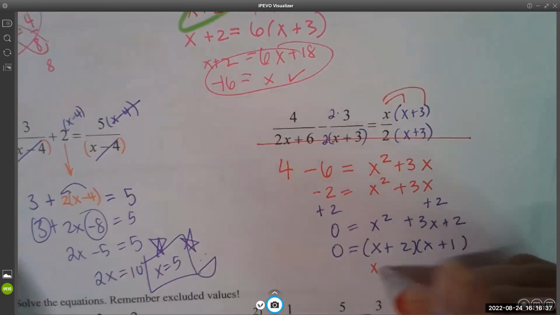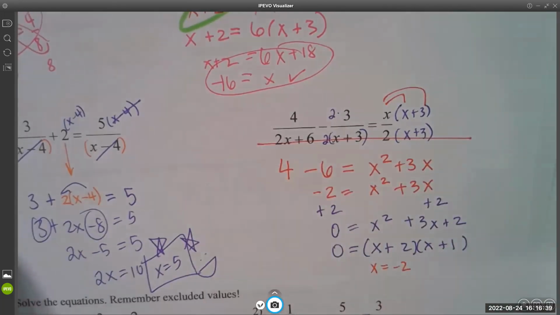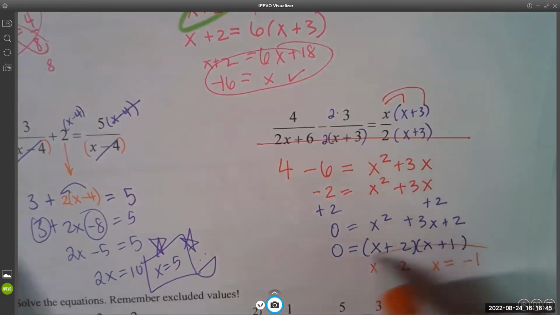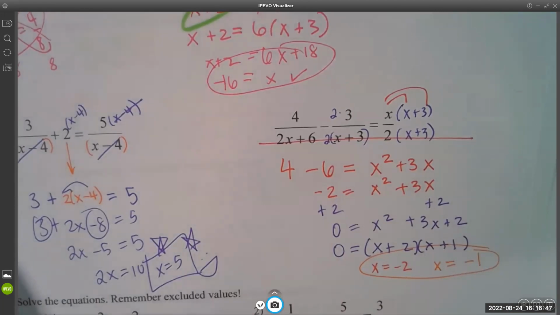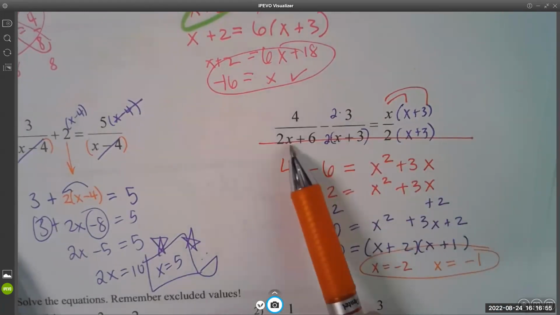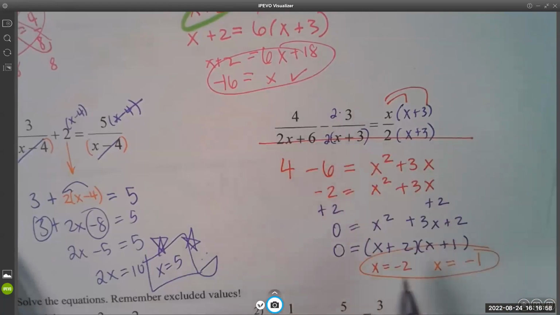And so if the first one is a 0, it's because the x is -2. And if the second one's a 0, it's because the x is -1. And so these are your two solutions. These are more complicated. And so again, don't forget to double check the excluded values, and these neither are excluded from the beginning. So we're all good, right?